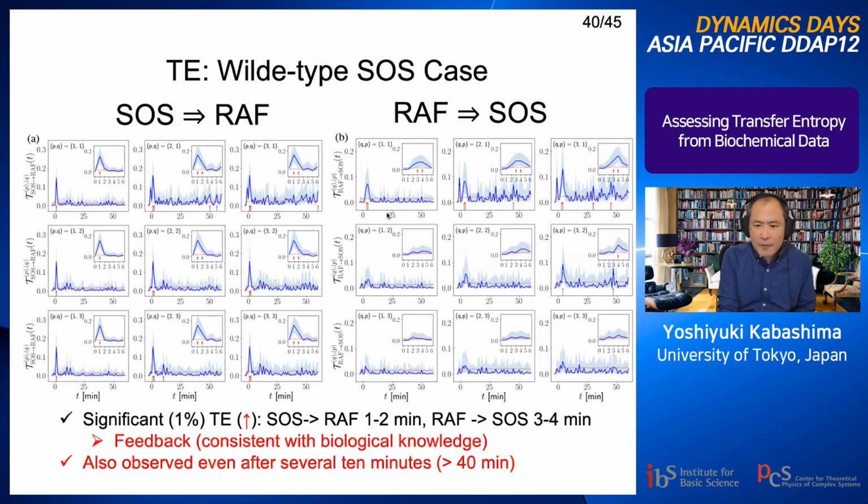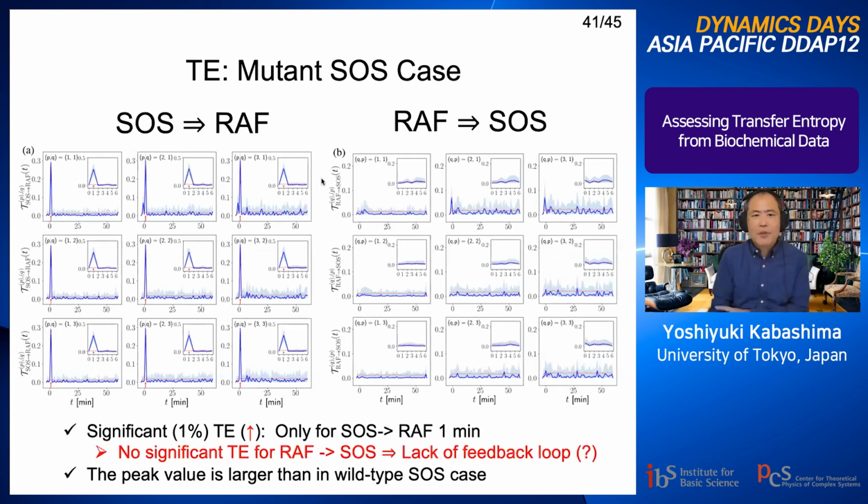And you can also find some peaks for Raf to Src after 3 to 4 minutes, right? This probably means that there is feedback. This is consistent with the biological knowledge. And it is also observed even after several tens of minutes, here.